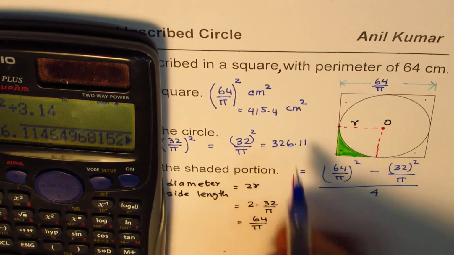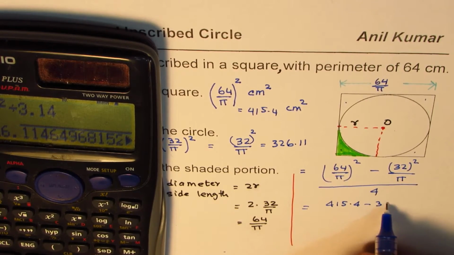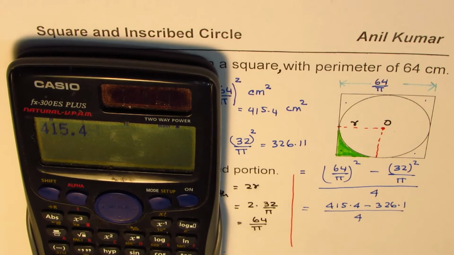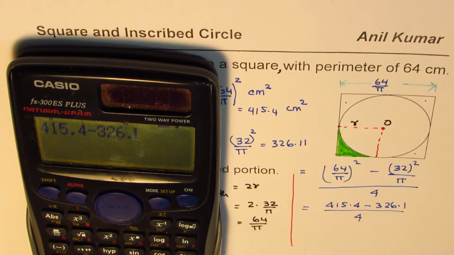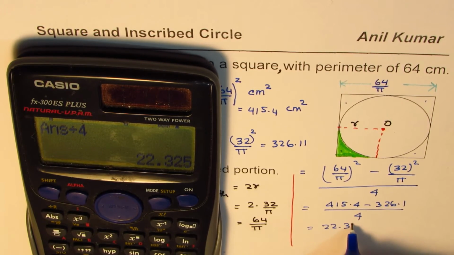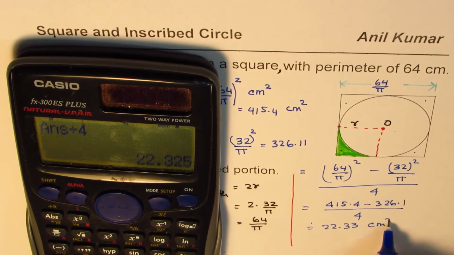In this case, we'll substitute these values. We have 415.4 take away 326.1, equal to, and now divide by 4, equal to, in decimals, 22.33 if you're rounding to 2 decimal places, in centimeters squared.